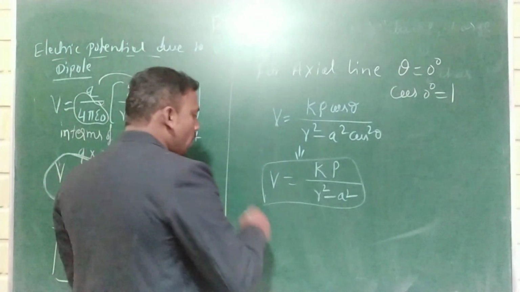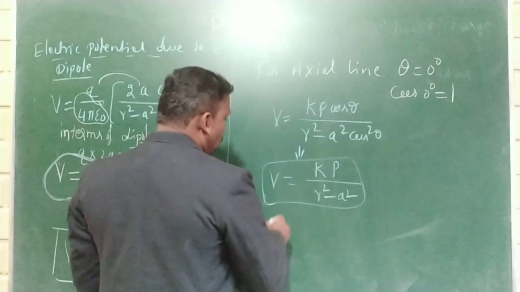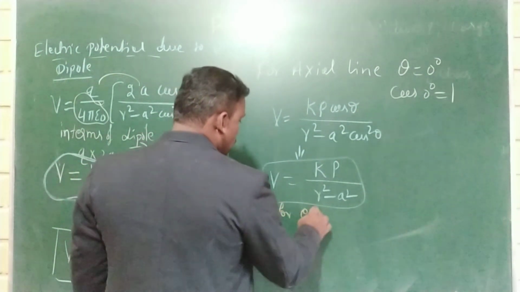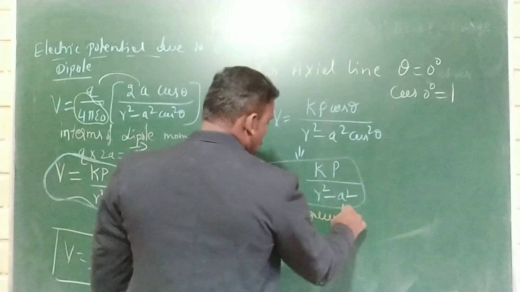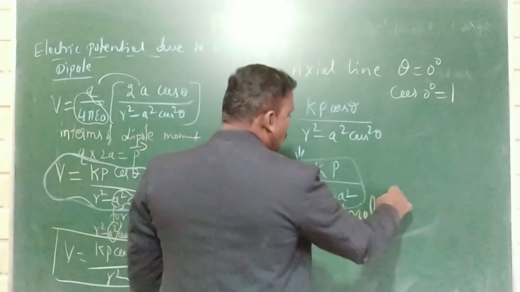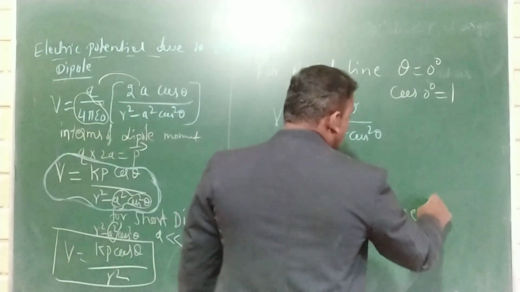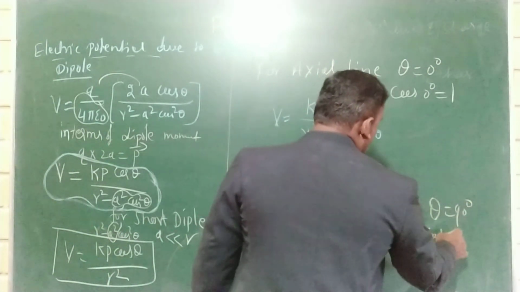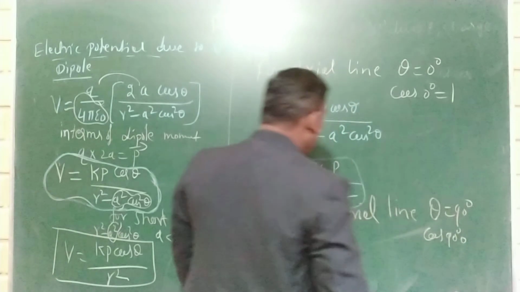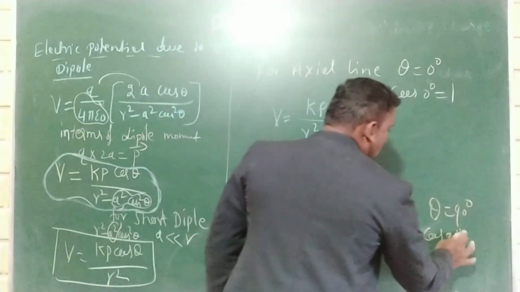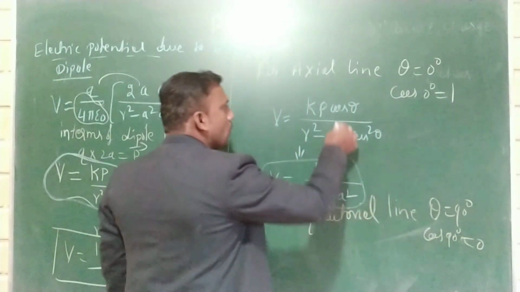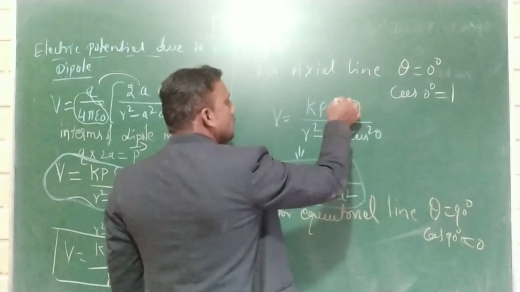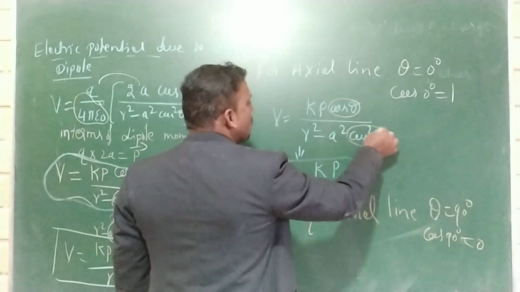For the equatorial line, theta is equal to 90 degree, and cos 90 degree is equal to 0. Cos square 90 is also 0.